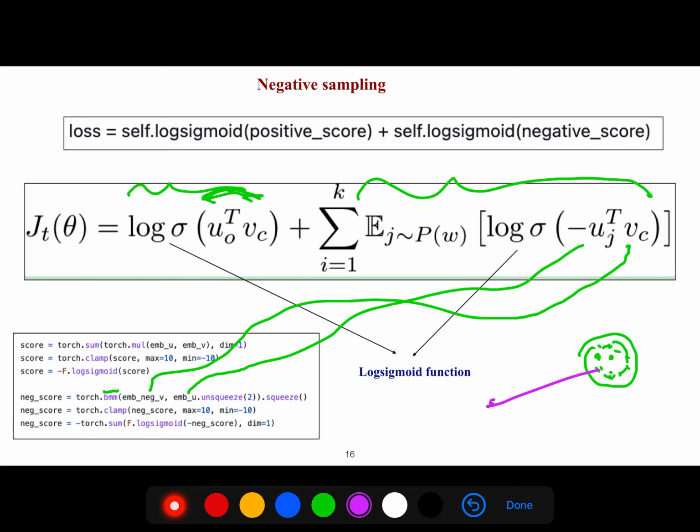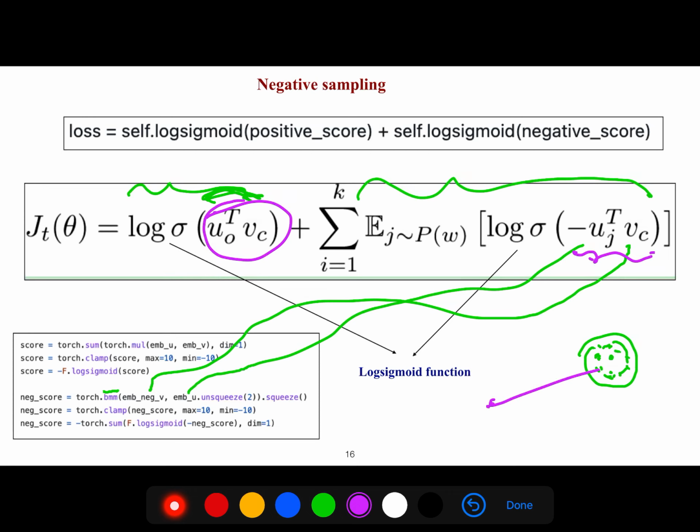That's why in training you can use this negative loss idea, the negative dot product of uj and vc. So this is the negative, but at the same time you want two words that are close to each other to have a positive score.